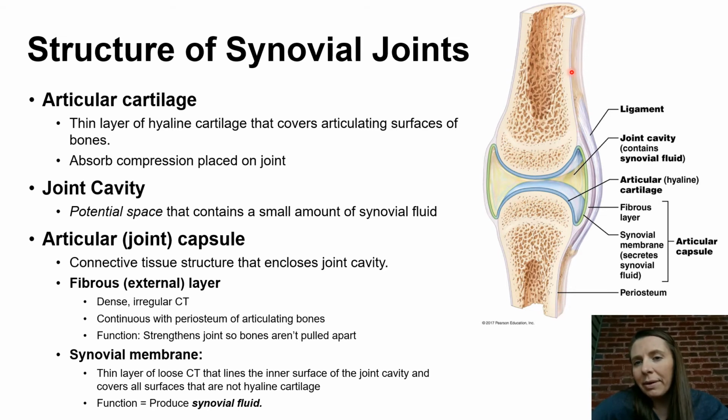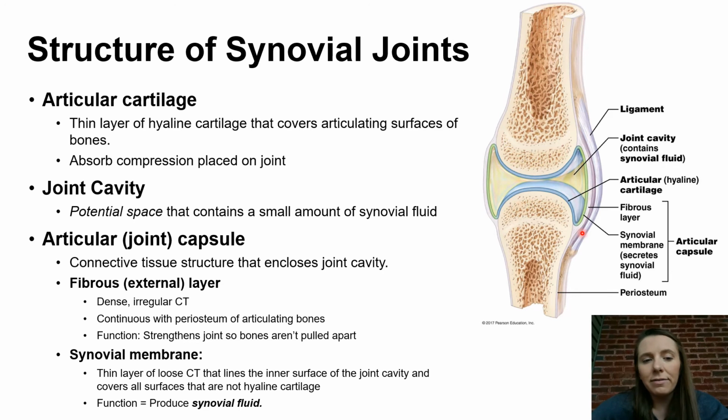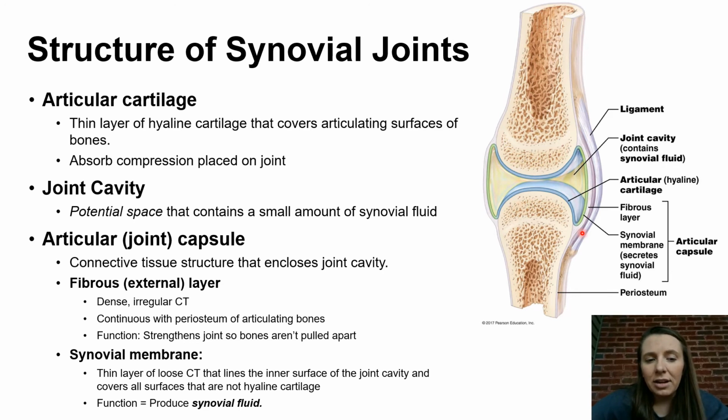Remember, the periosteum is the saran wrap that's wrapped around the outside of all bones. The periosteum at this joint space is going to give rise to the fibrous layer of the articular joint capsule.